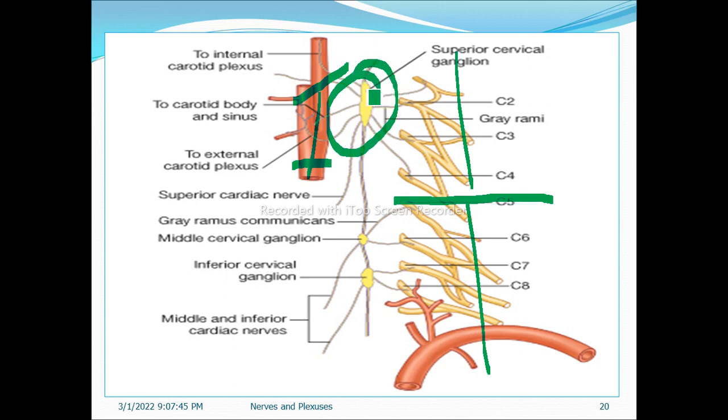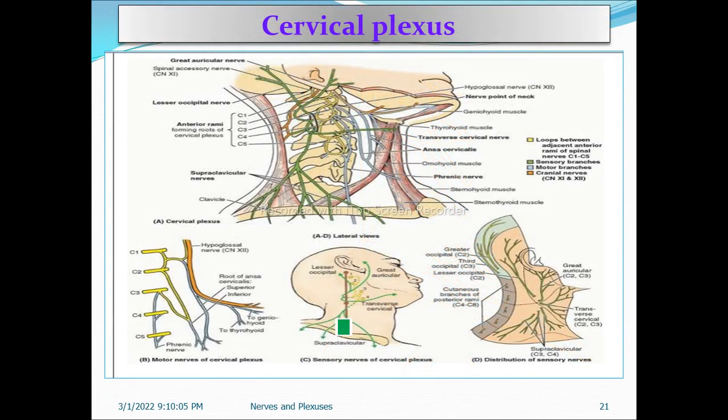The largest one is the superior cervical ganglion, this is the middle cervical ganglion, and this is the inferior cervical ganglion. The superior cervical ganglion transmits impulses through these gray communicants to C2, C3 and C4, whereas the middle cervical ganglion, through its gray communicants, passes impulses to C5 and C6. The inferior cervical ganglion is carried by C7 and C8. So this is the cervical ganglia.